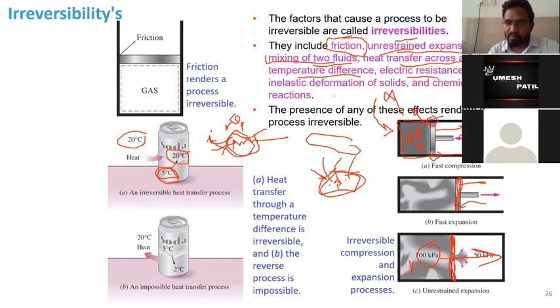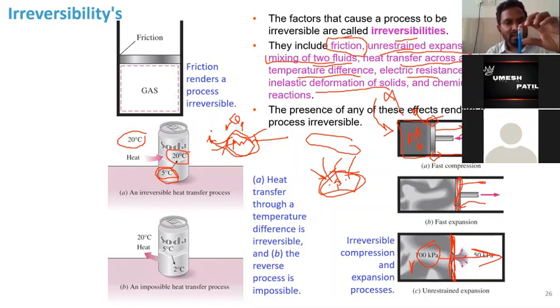Next is inelastic deformation of solids. Inelastic means plastic deformation. If I consider this pen, if I bend it till this point, it will return back to its original position. So till this point, it is elastic deformation, right? Because it can return back to the original position if I remove the applied force.